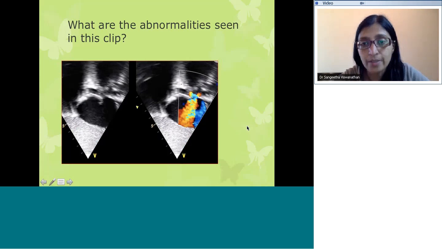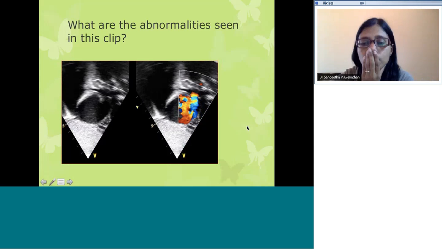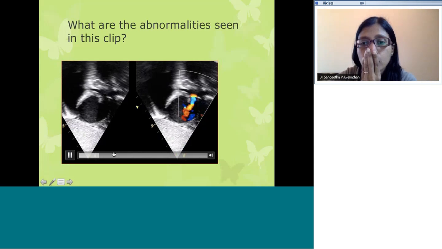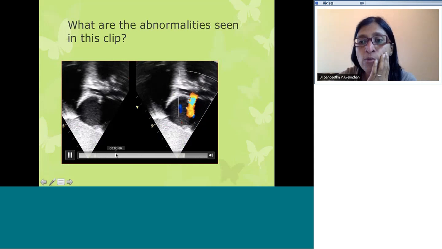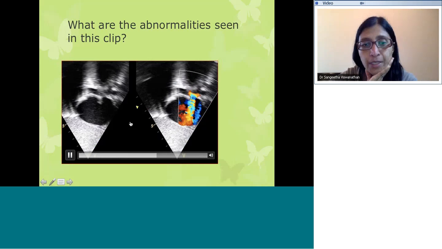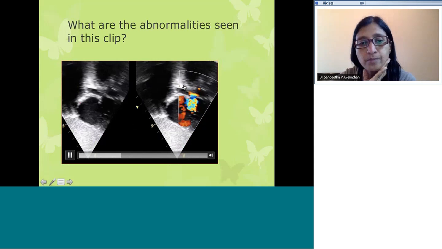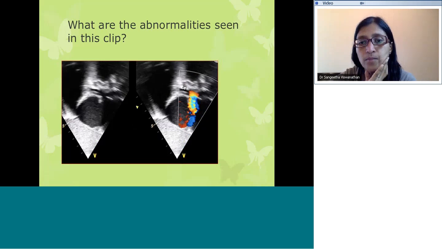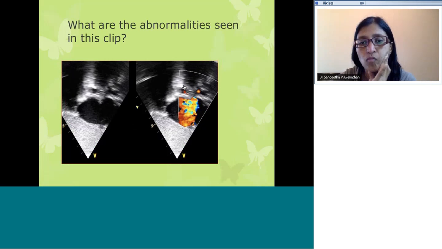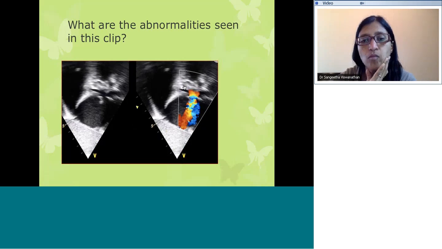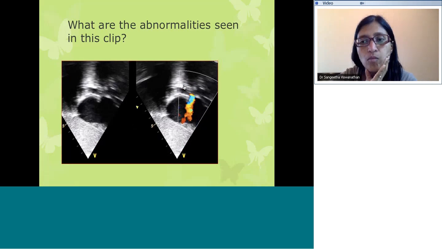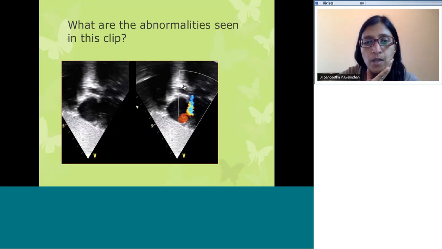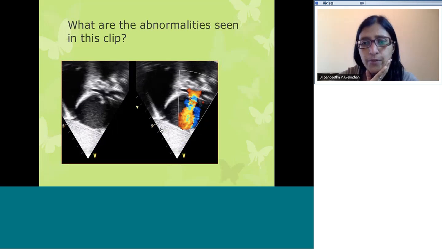What are the findings here? We've moved on to the next clip. So what are we showing here? So it's a subcostal, fairly oblique kind of view.